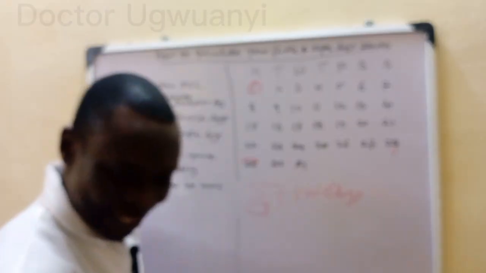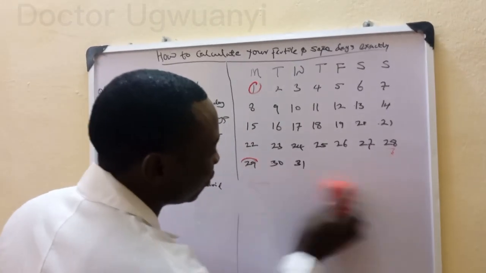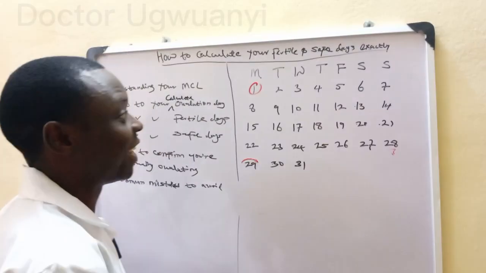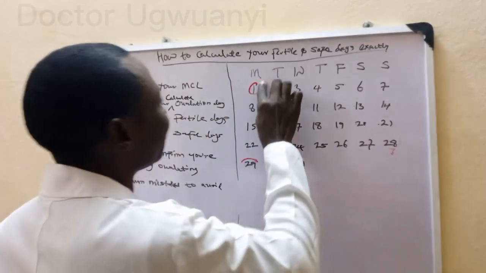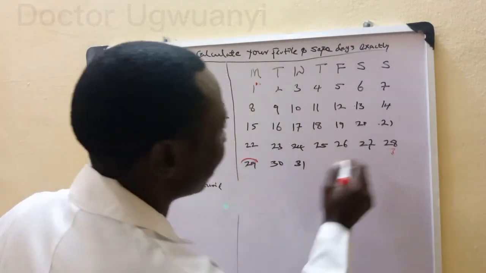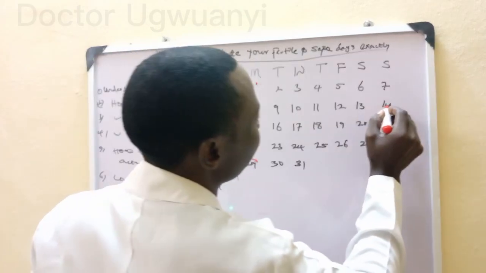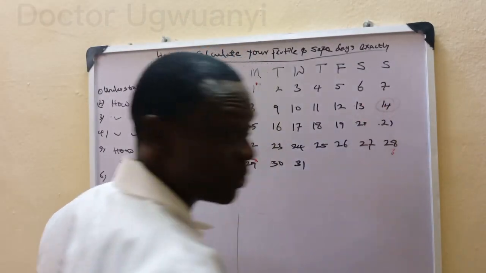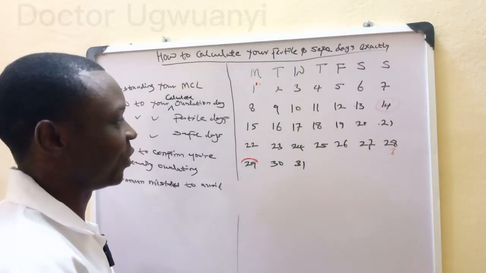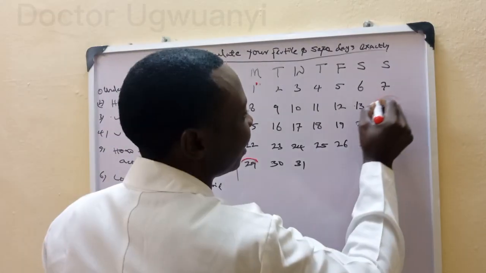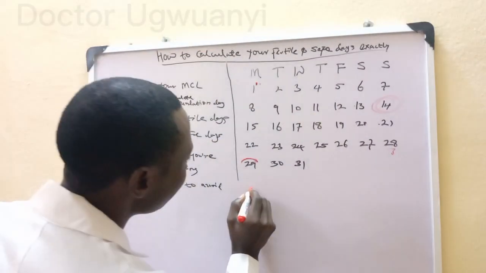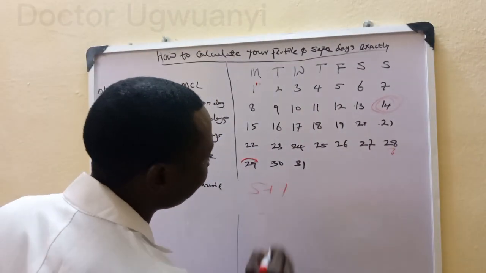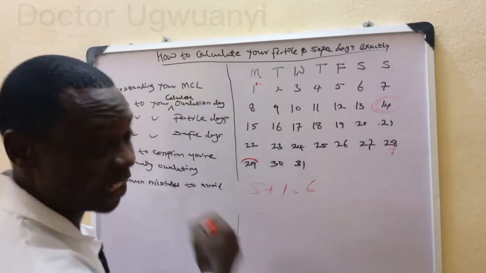So let's use this calendar for instance again. Let's assume that our ovulation day was on 14. Remember how I calculated the ovulation day? So if you say 5 days plus one day, that is a total of 6 days, as I said before.